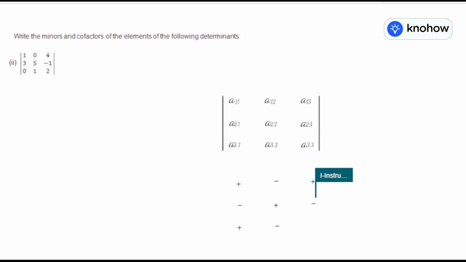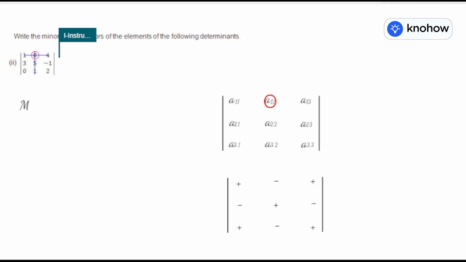I'll do here also just one or two. We'll say this A12. What is the number here? In place of A12, it is 0. So delete the row and column. So what is the value of M12? Delete the row and column through 0. You are left with 3, minus 1, 0, 2.